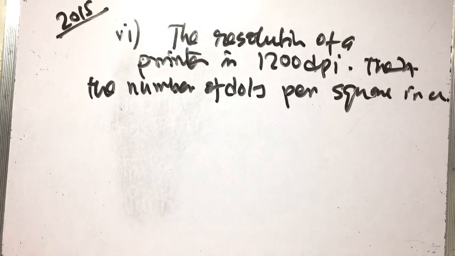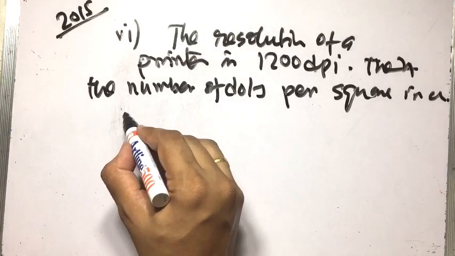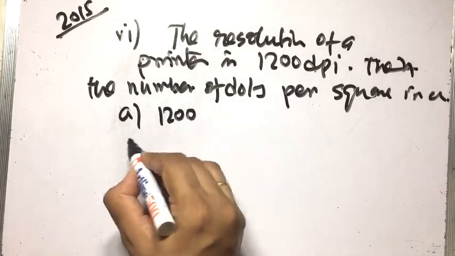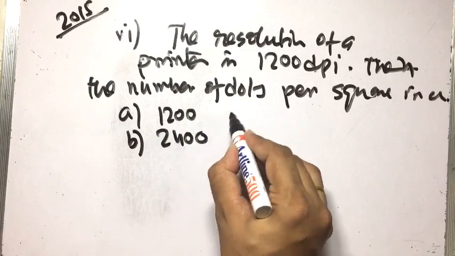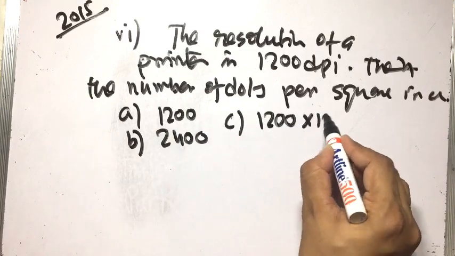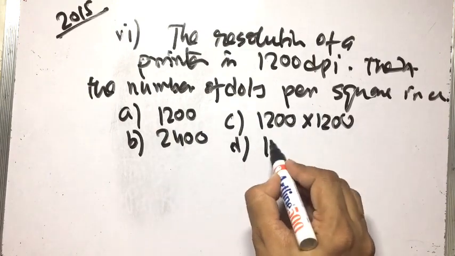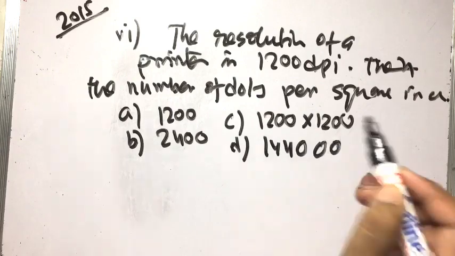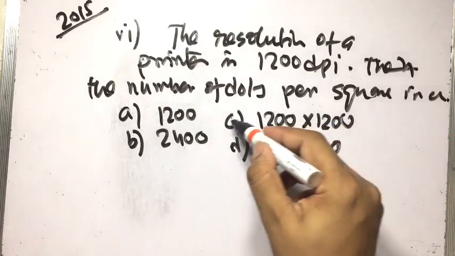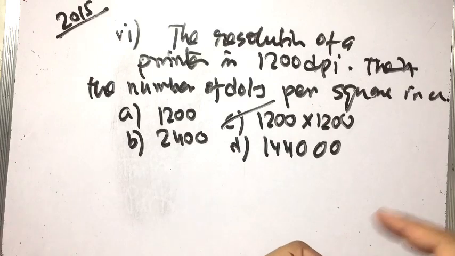Then the number of dots per square inch is option A 1200, option B 2400, option C 1200 into 1200, option D 144000. The answer is 1200 into 1200. This is the resolution per square inch.